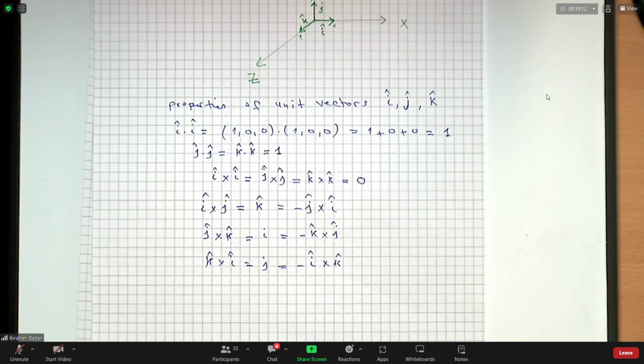Professor, could we see some examples with the negatives? This is just the right hand rule. I hope you understand the necessity of the right hand rule is just to rule out which direction you start with. You can Google it, and then you label one vector.